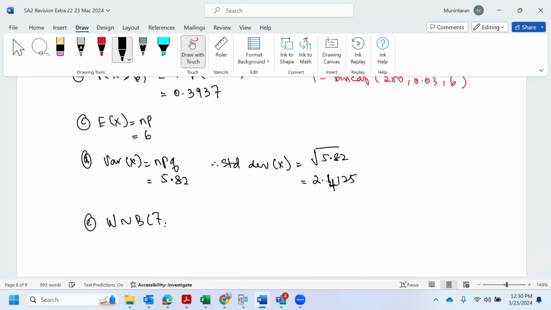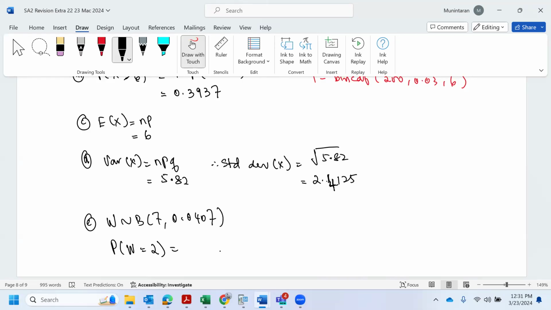Your N is 7. For the unsuccessful transaction probability from answer B1, you'll get 0.0407. You want only 2, so the probability of W equals 2. That is your binomial PDF.